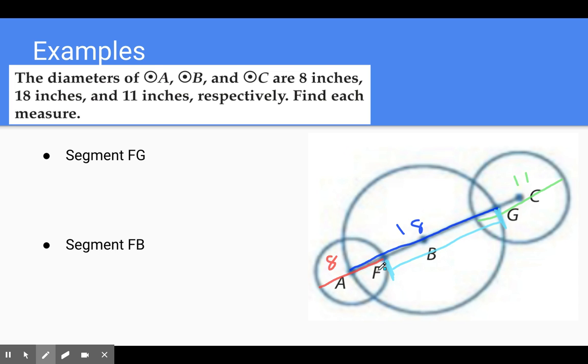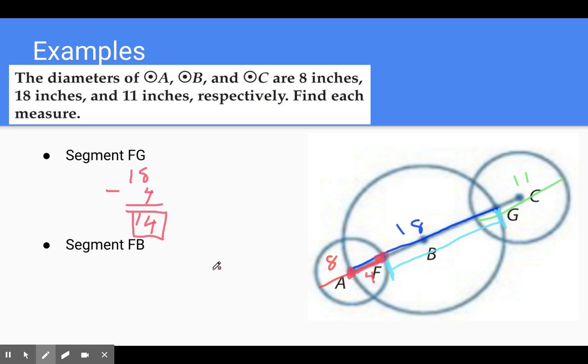You can see that that little half there is a radius of circle A, because the part that is not included in FG is the radius of circle A. And if the diameter of circle A is 8, that means the radius of circle A is 4. So we have the diameter of circle B is 18, but we subtract this little area here, so it would be 18 minus 4, which comes out to 14. So that's the length of segment FG there.